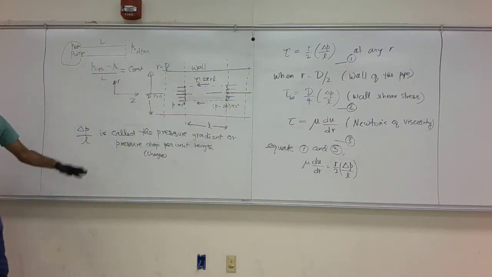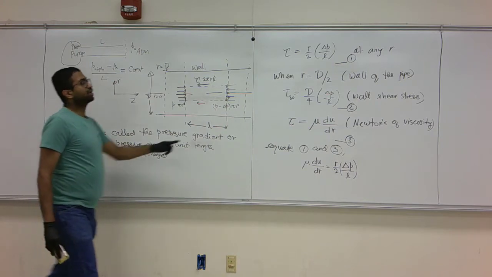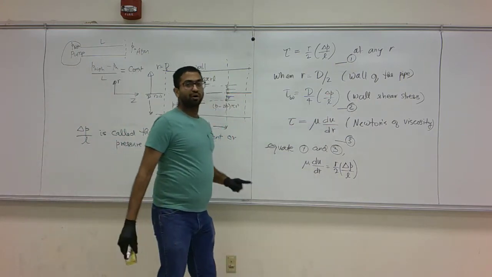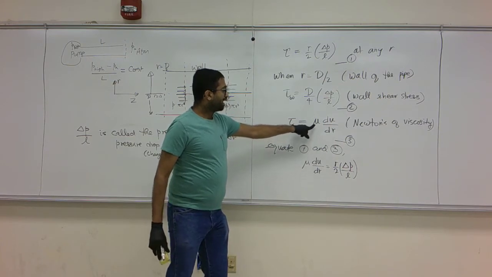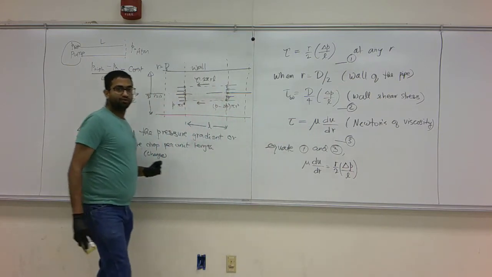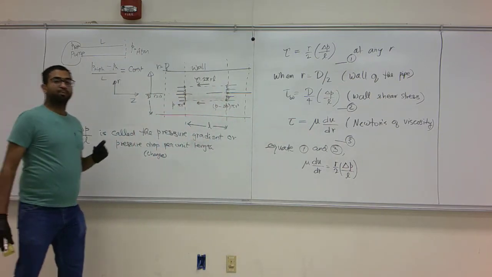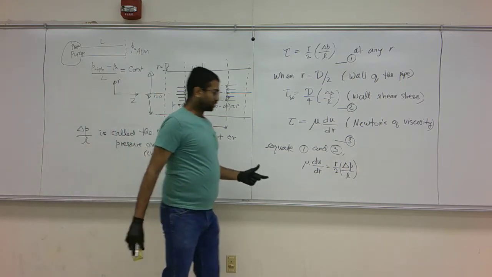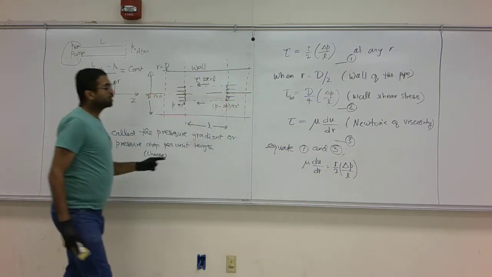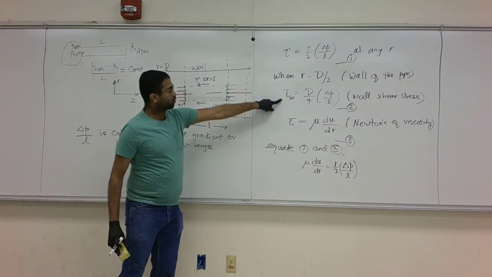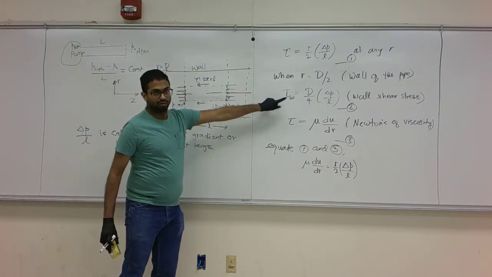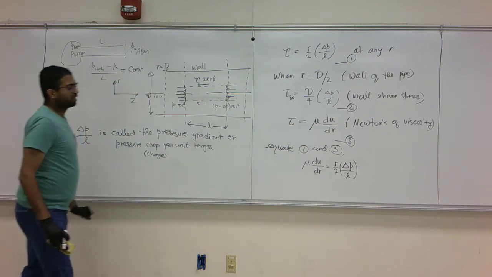He measured the shear stress, he measured the velocity gradient, and found out that the ratio of the two has a constant value for a given fluid, and that property is called viscosity. So I have this relation, and I have this to be true at the wall.